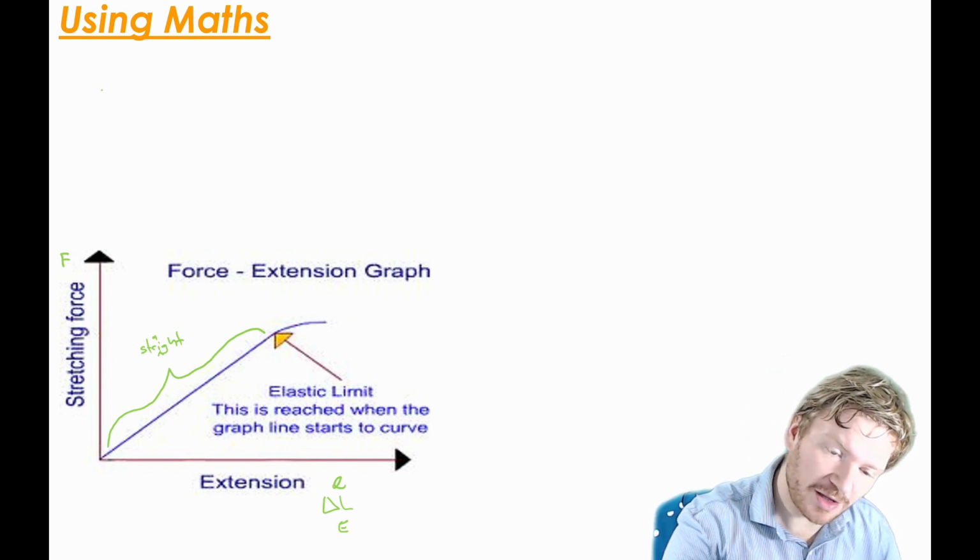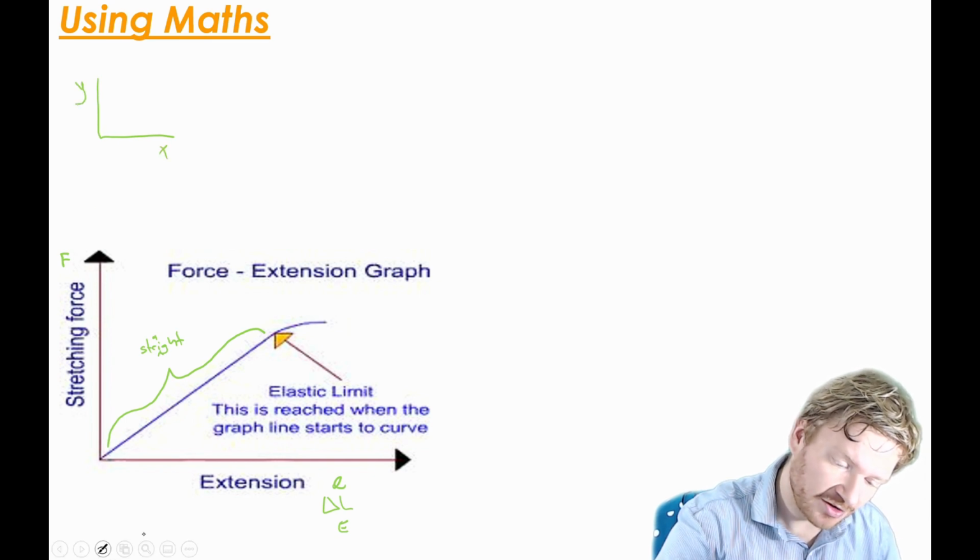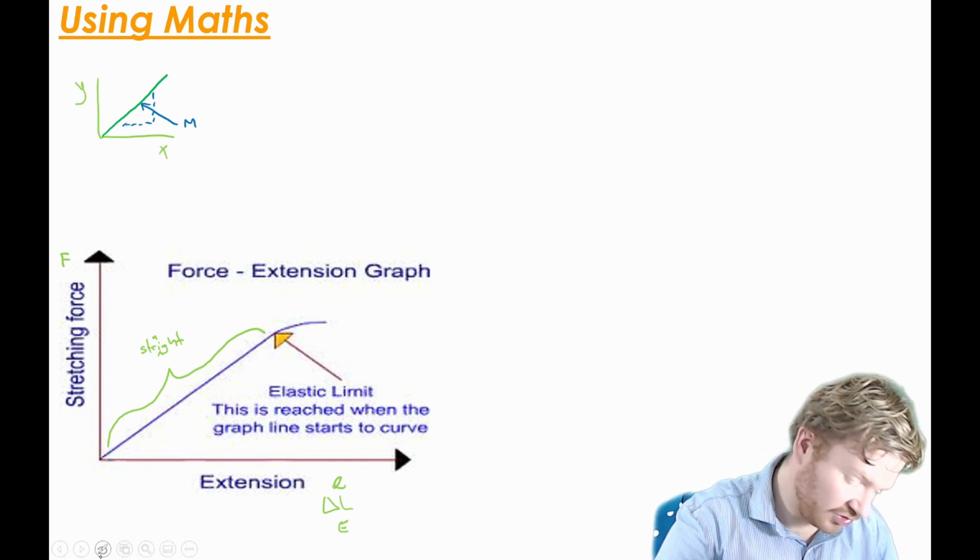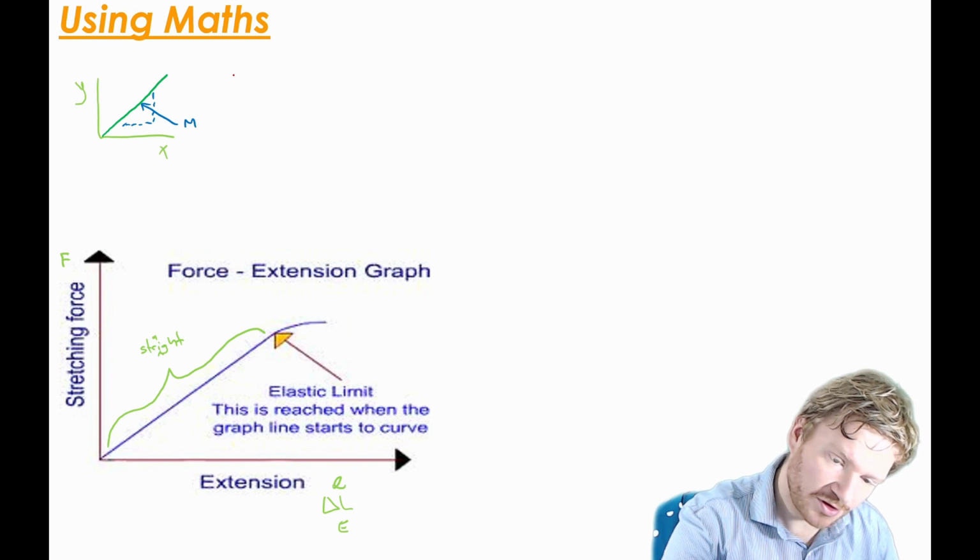So let's think about an ordinary graph. If I have an ordinary graph of y and x, and it's got a gradient, or a line that looks like this, what would be the equation of this line? Hopefully you will remember that for a straight line, if that's the gradient m, it's got the general equation of y is equal to mx plus c.